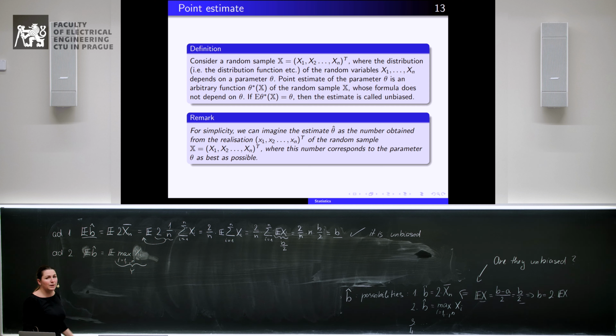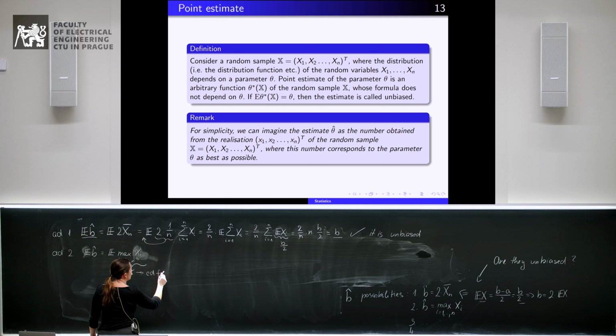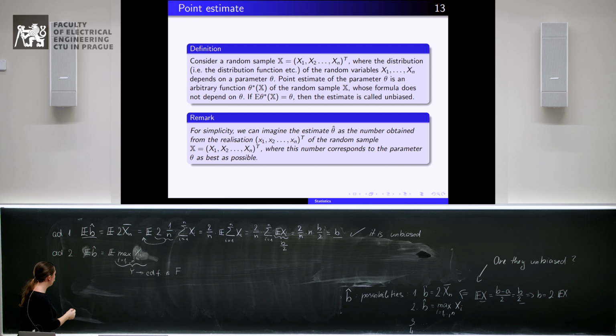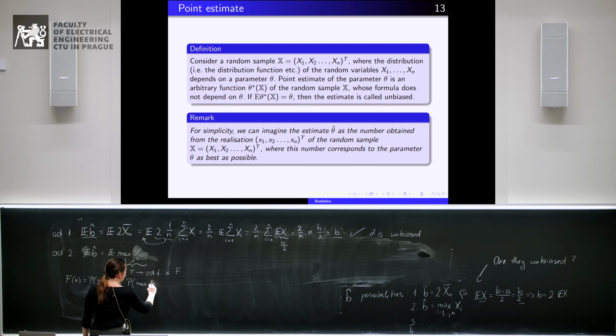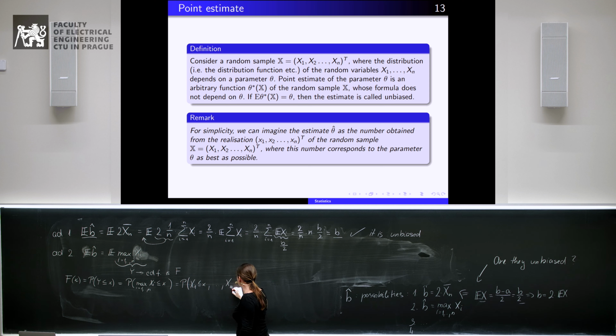And because the maximum of random variables is again a random variable, let's start with the cumulative distribution function, denoted as, let's say, F. So F in variable x is equal to the probability that y is less or equal to x, which is equal to the probability that the maximum of xi is less or equal to x, which means that all the random variables in the sample must be less or equal to x.